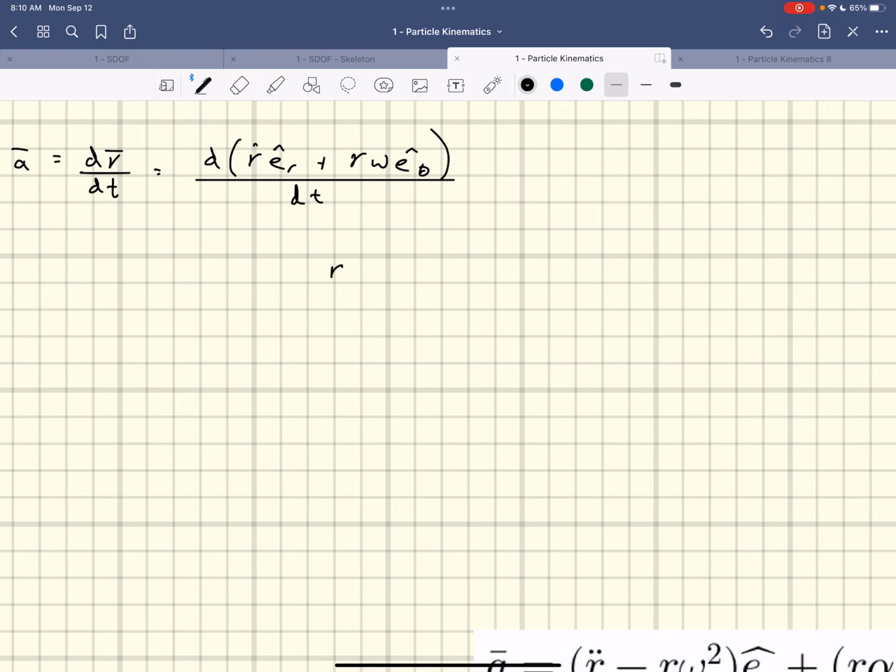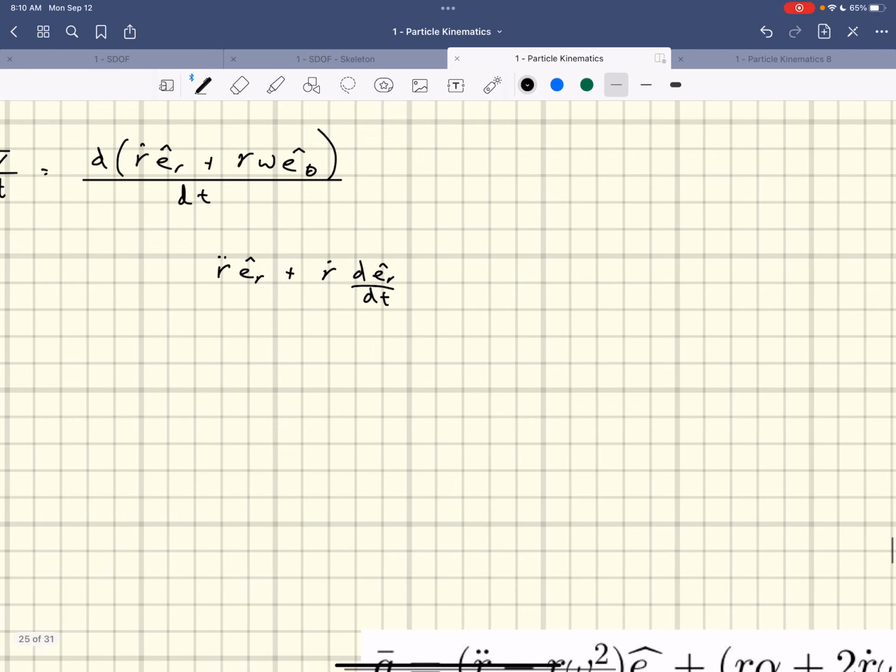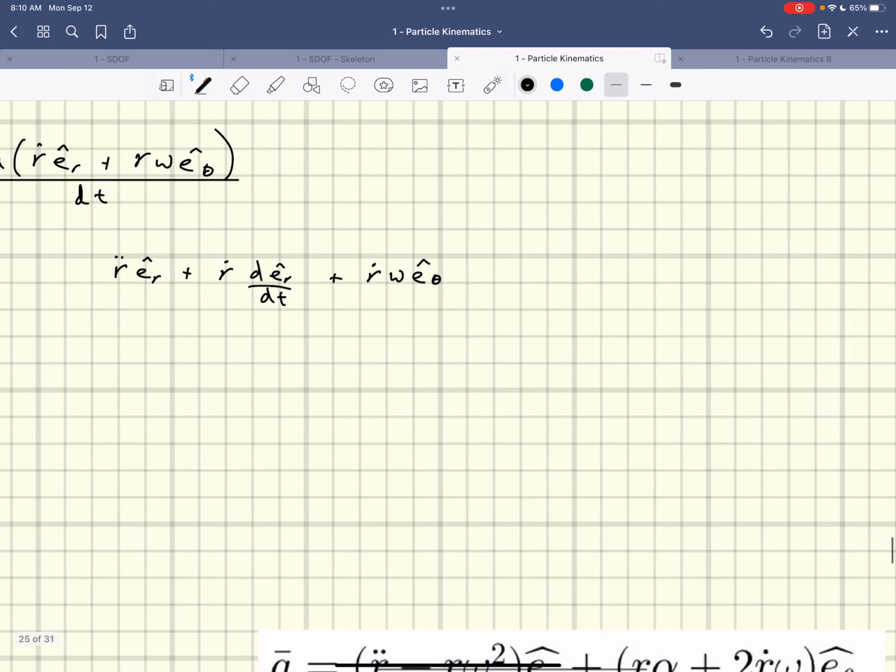This is r double dot in the e_r direction. Take the derivative of the first thing, leave the second thing alone, plus leave the first thing alone, r dot, d e_r hat/dt, the derivative of the second thing, plus the derivative of the first thing, r omega in the e_theta direction. Oh, actually this gets applied to three things. So we have to take the derivative of that thing, multiplied by both those two things left alone.